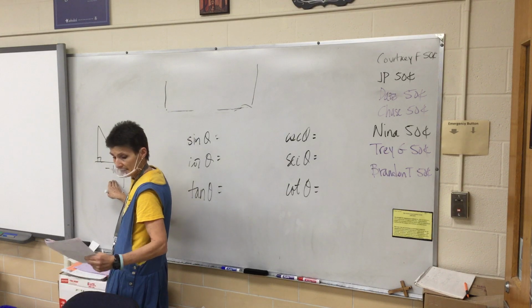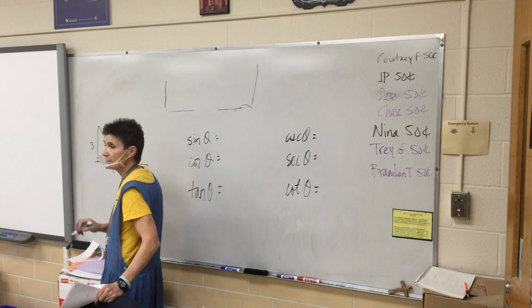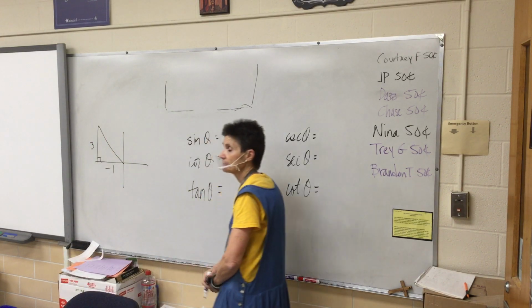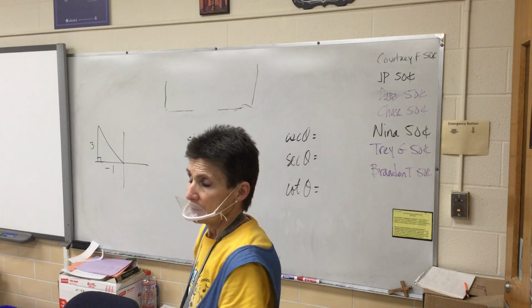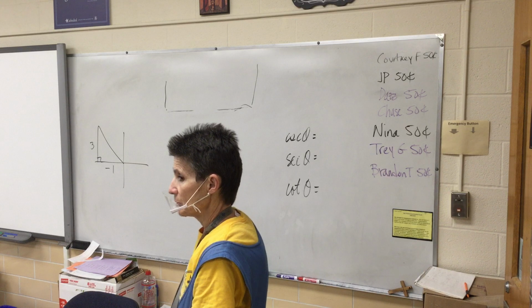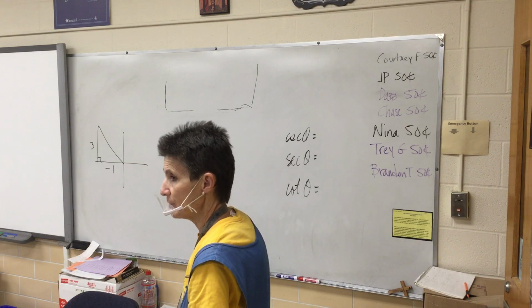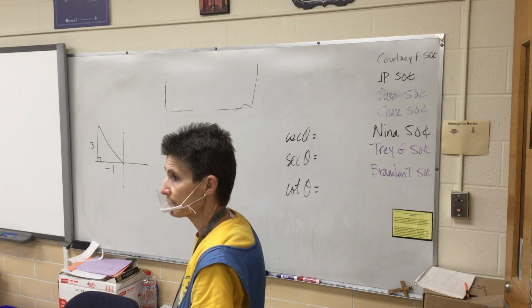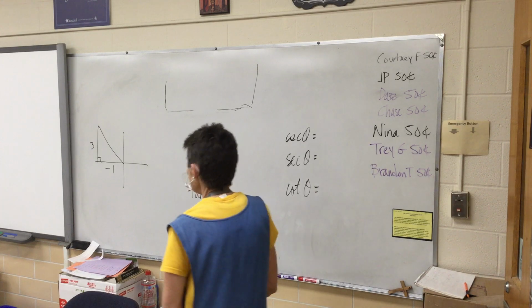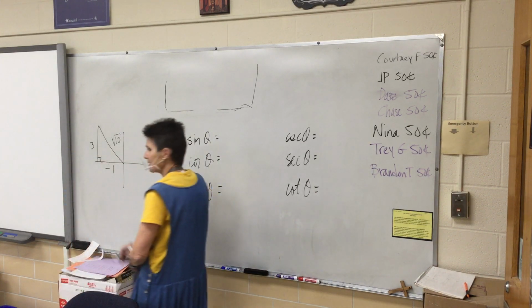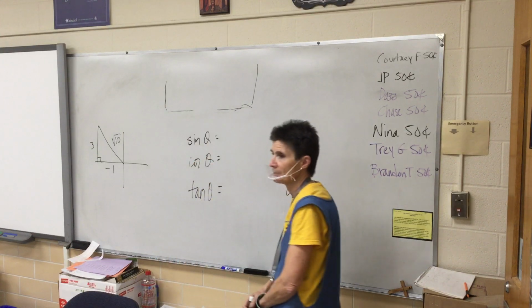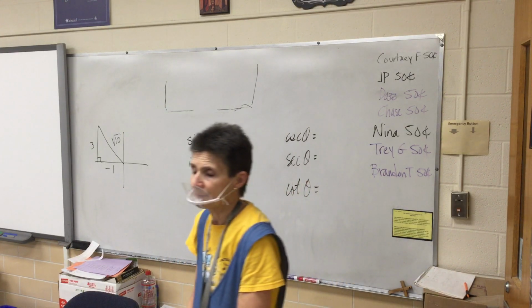The x is negative and the y is positive. So who can tell me the hypotenuse? It's going to be radical 10. Radical 10 is absolutely right. So you're fighting through your pain, Mary Kate, and doing your Pythagorean Theorem. Root 10.